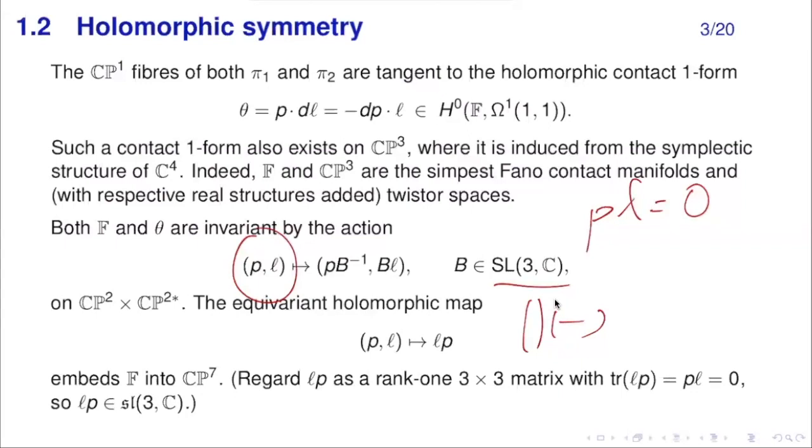And that's some sort of holomorphic moment map, because you can think of C8 as the Lie algebra sl3C. So it's worth bearing that in mind. We'll see a real version of the moment map later on.